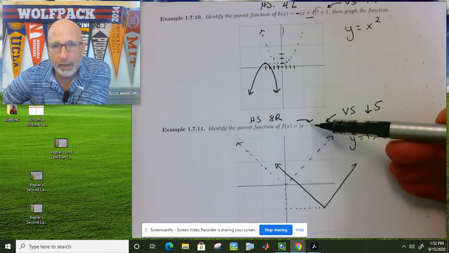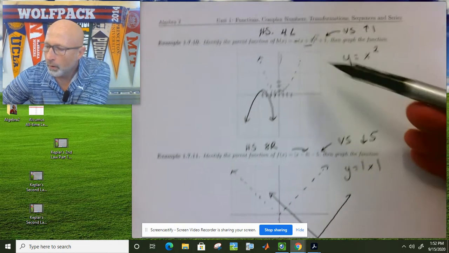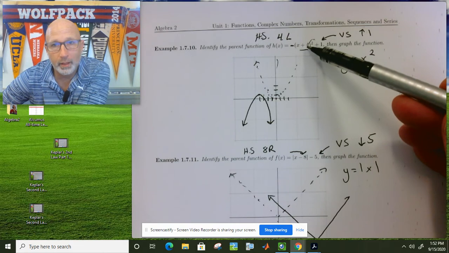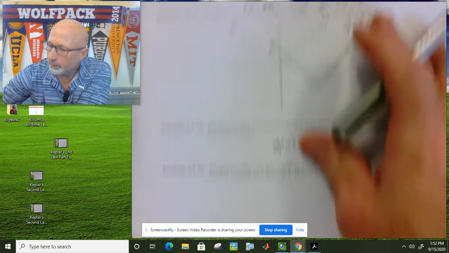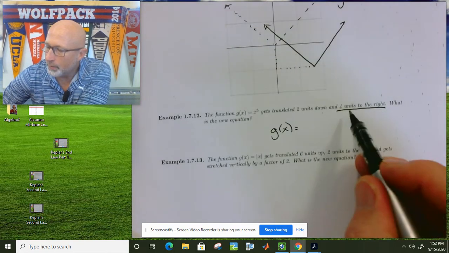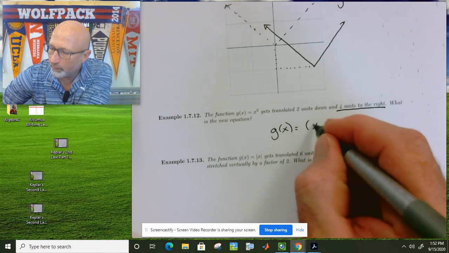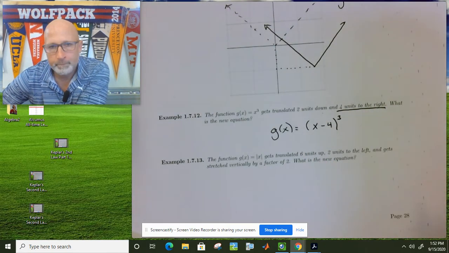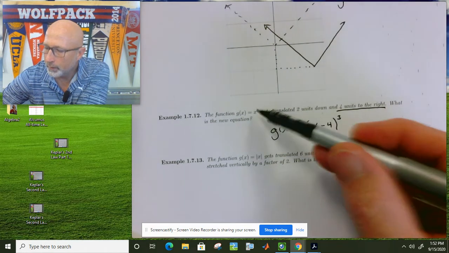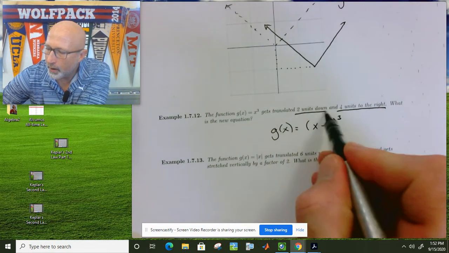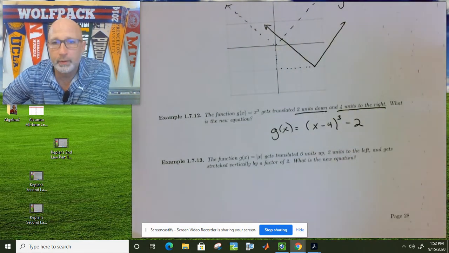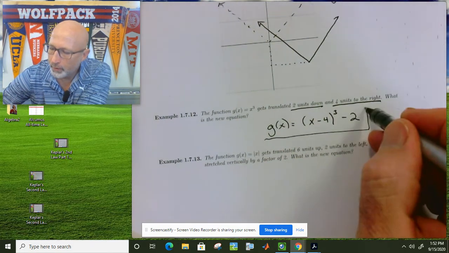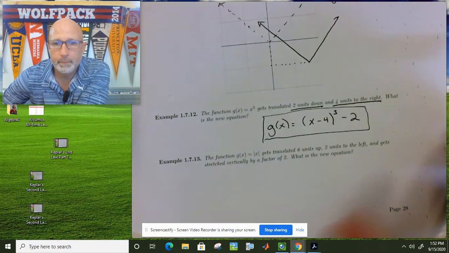Since it's to the right, it's going to end up being -4. So I have x minus 4 like that, cubed, because it was cubed to begin with. And then 2 units down, so it'll just be a -2 on the outside. So that is your answer.